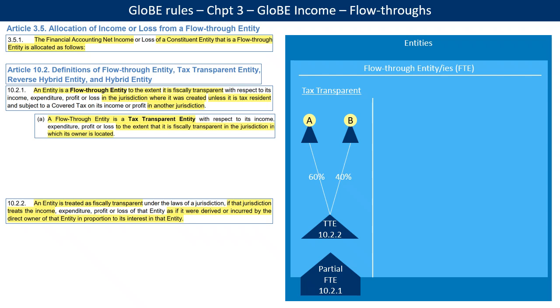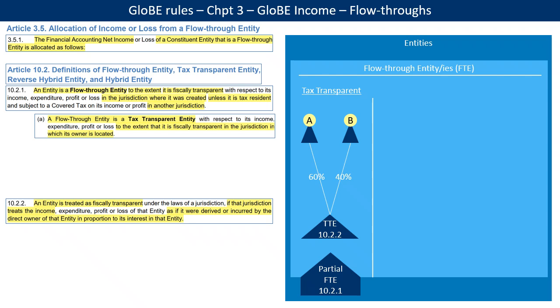So if we look at the figure on the right hand side, we have an overarching category of entities which has a subcategory, the light blue block, of flow-through entities, and some of those flow-through entities are tax transparent entities.